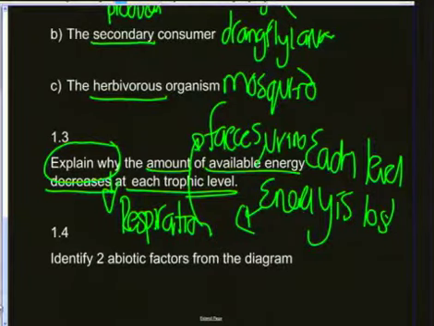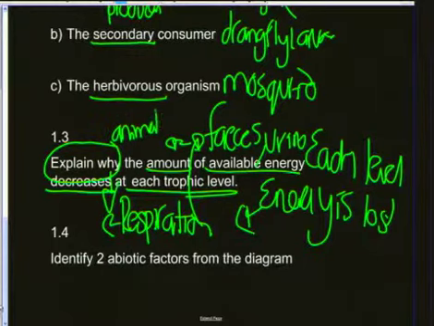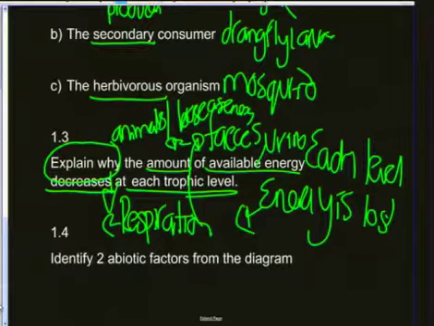So explain why the amount of available energy decreases. Energy is lost at each level because at the different trophic levels, respiration, defecation and urination occur, which the consumers lose as energy. So at each level, energy is lost.